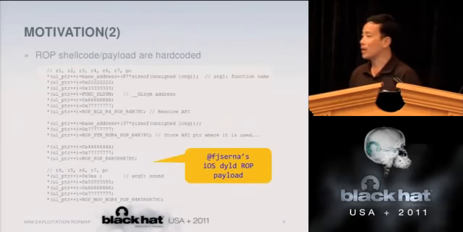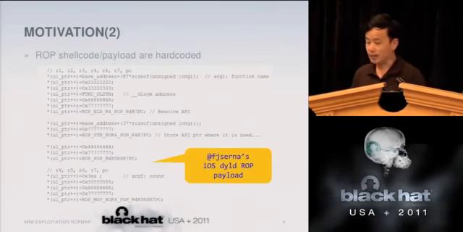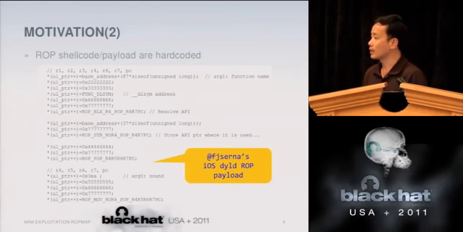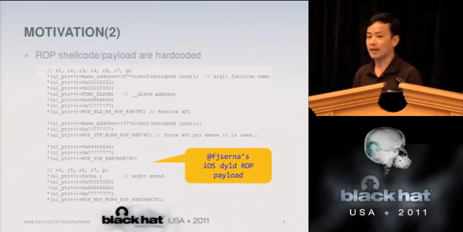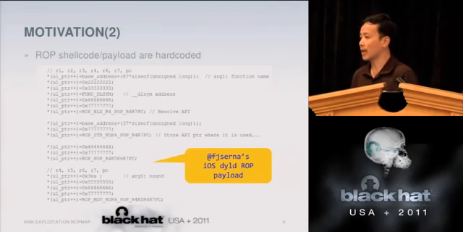The second problem we cope with is about the ROP shellcode. If you have a chance to look at ROP shellcode or payloads from public exploits, like the Sayonara payload or the JailbreakMe payload, you see that all of that ROP shellcode and payload are hard-coded in terms of the instructions of the gadgets, the registers they're using, and the offsets.